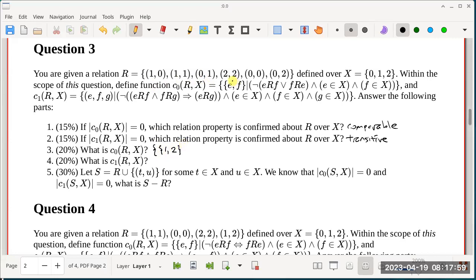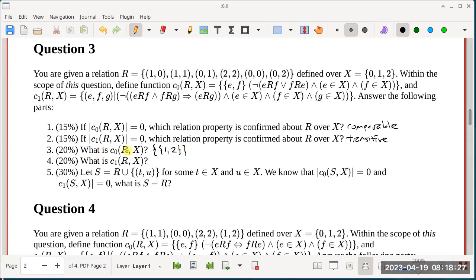And then we look at 2. 2 relates to 2, 2 relates to 0, but 2 does not relate to 1. But that's already covered by 1, 2, so we are not discovering anything new. And then we look at 0. 0 relates to 1, 0 relates to itself, 0 relates to 2, so 0, 2 is not going to be here. So this is the only element of C0.